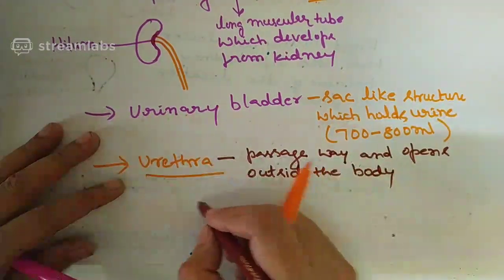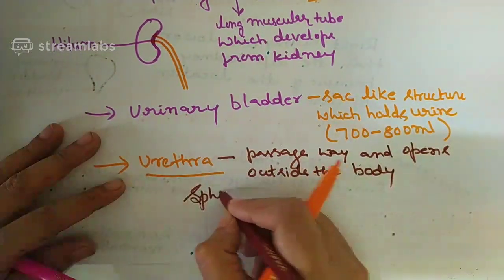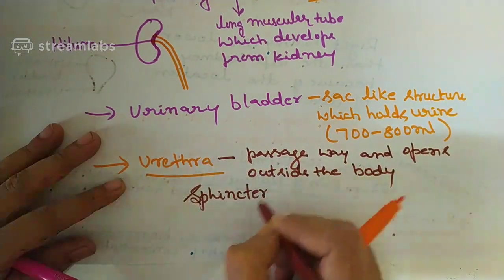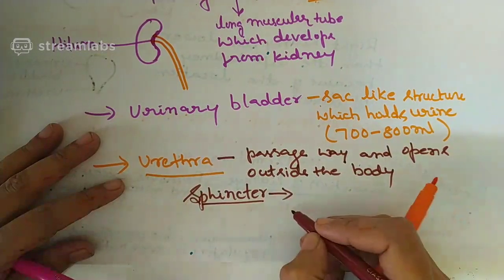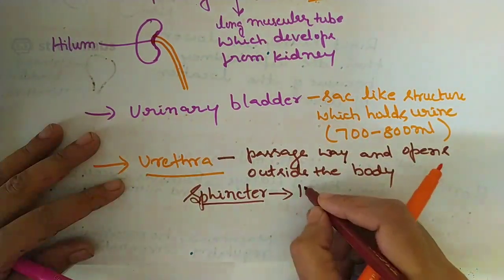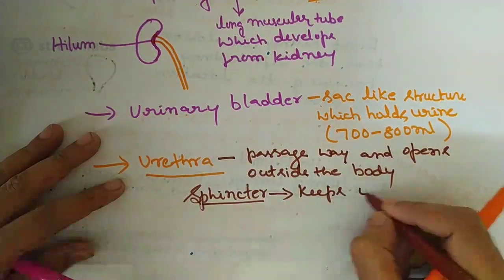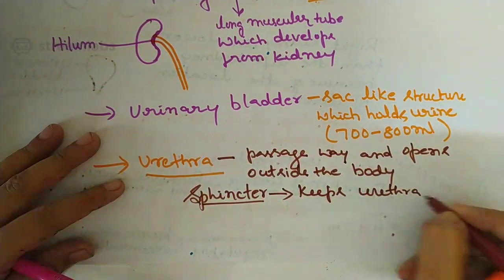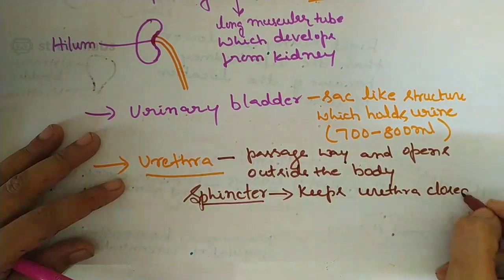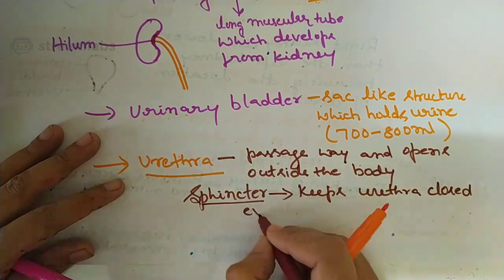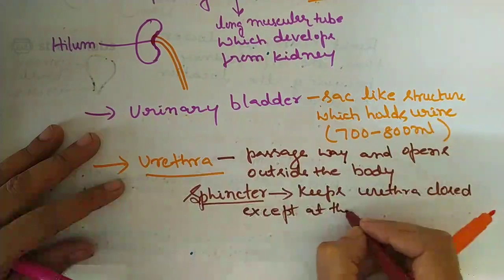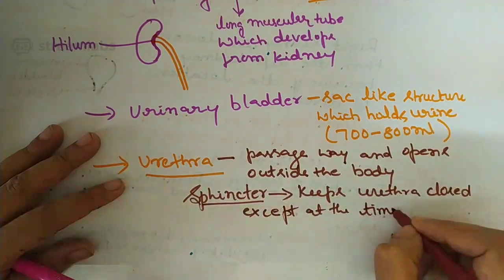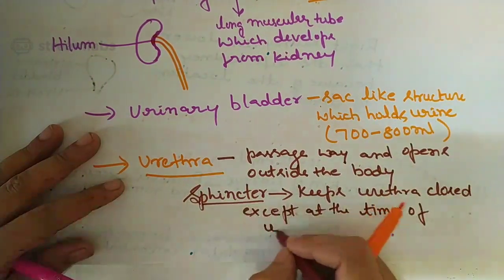And again, there is a sphincter here. Remember sphincter? Ring-like muscle. That sphincter in the urethra keeps the urethra closed except at the time of urination.